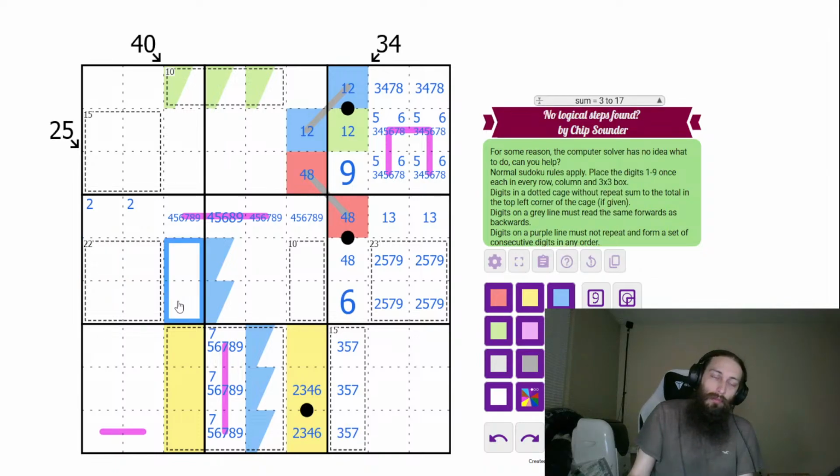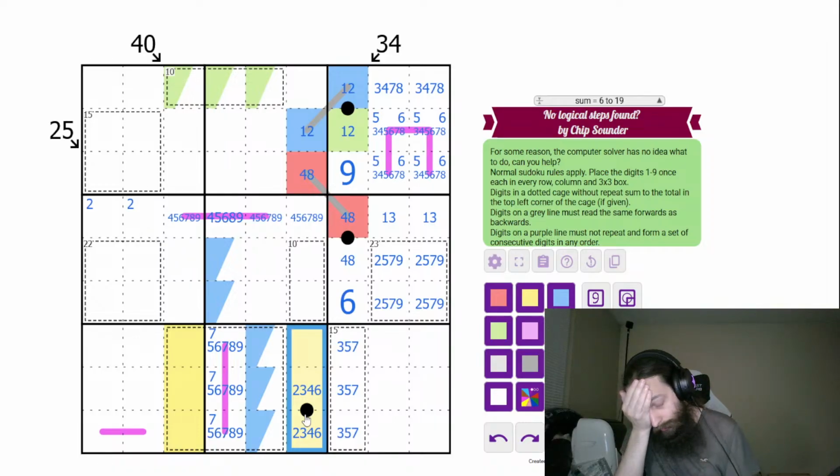So one of these two is 1 or 3, which means we can't have both 1 and 3 in yellow.